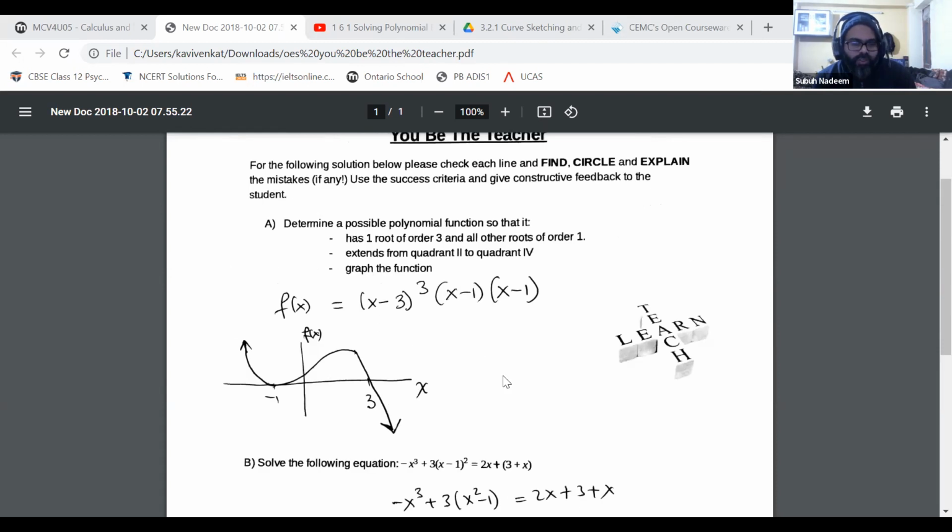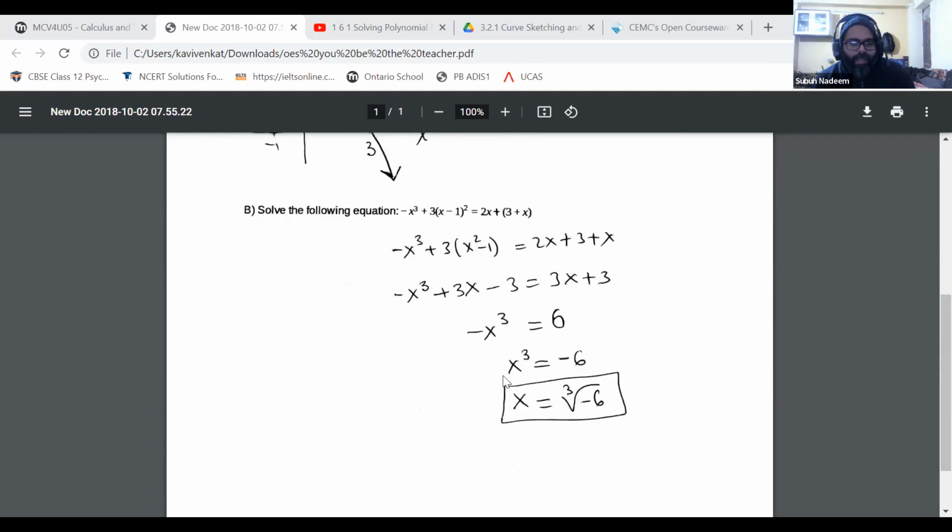The following equation: minus x cube plus 3. First mistake is that the whole square cannot be taken like this inside. It should be x square minus 2x plus 1. I don't think you need to find other mistakes if you have already found a mistake in the first one.